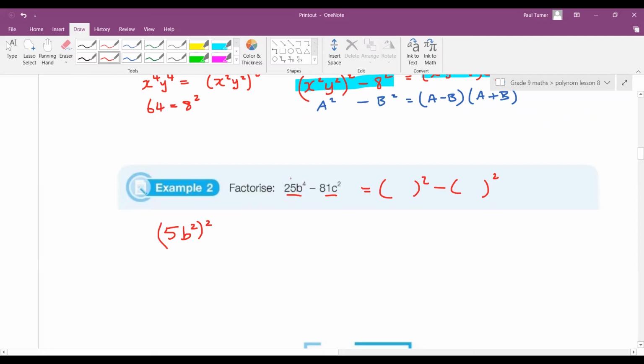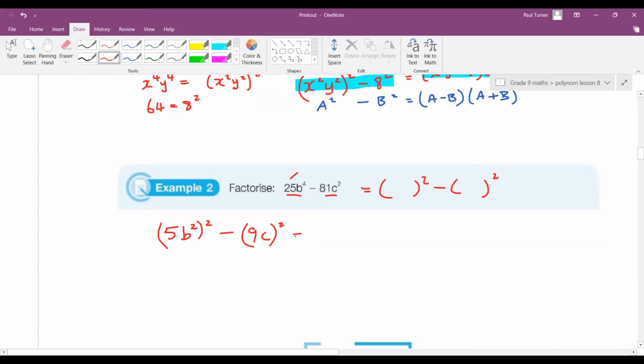So 5 squared is 25, b squared squared is b^4. Minus 81, which we know is 9 squared, c all squared. So get good practice at changing these to have power 2.